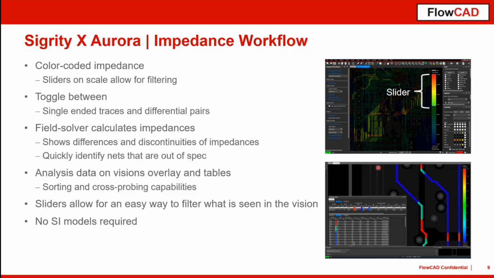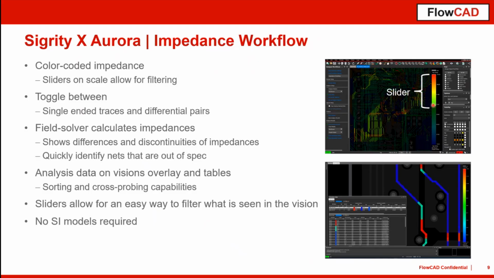In the PCB Designer environment, here I show the Aurora environment. You just select a couple of signal nets of interest, and then you can directly run the impedance scanning. As a result, you get a colored overlay with a slider on the right-hand side. If you move the slider, you can use it as a filter, so that only the main hotspots are shown.